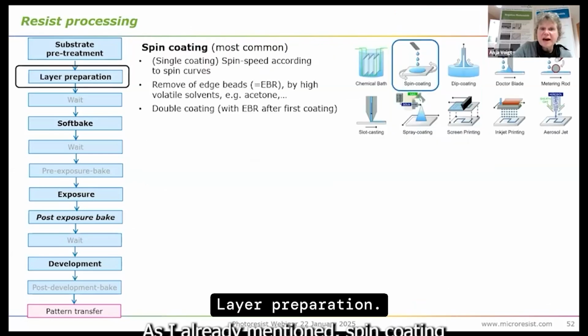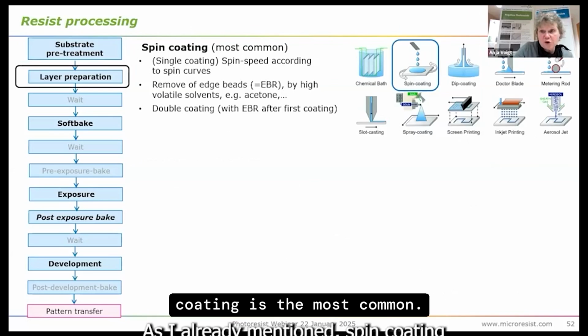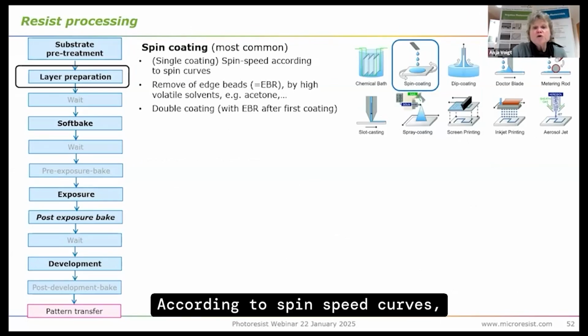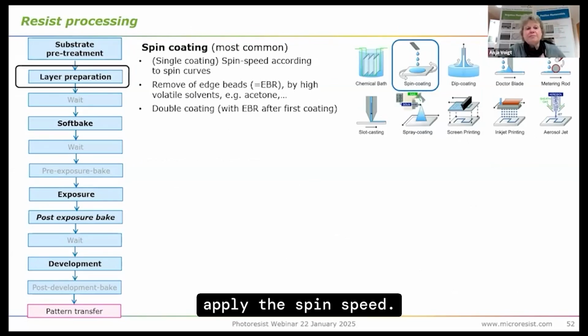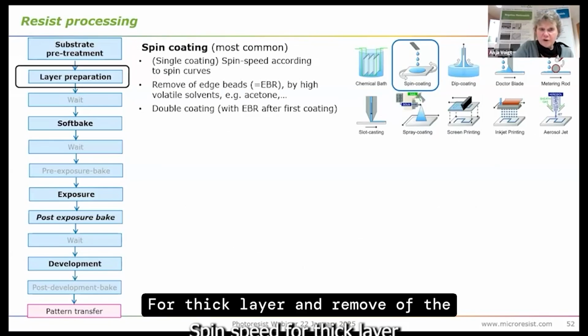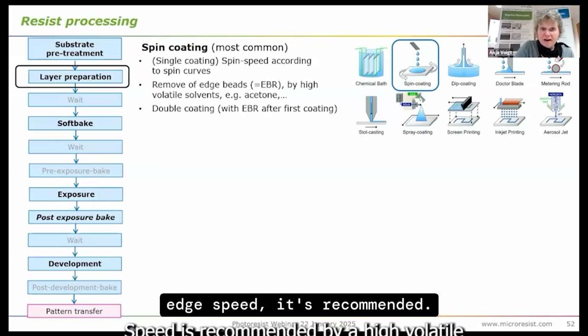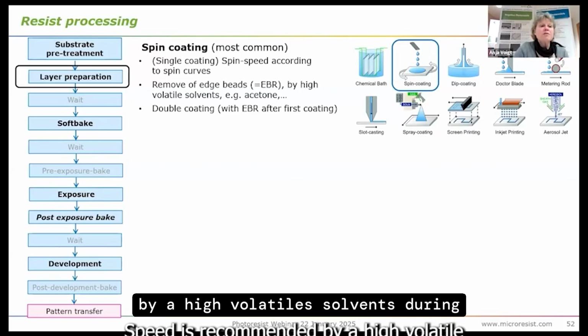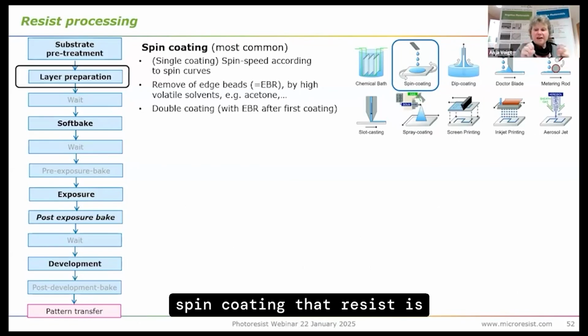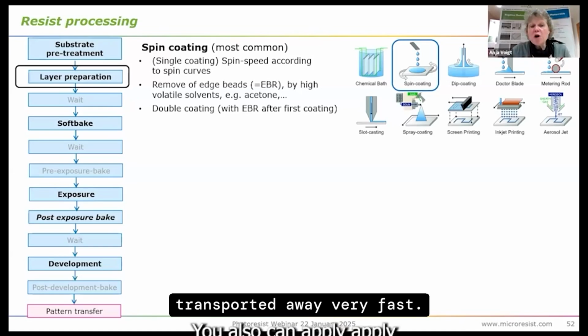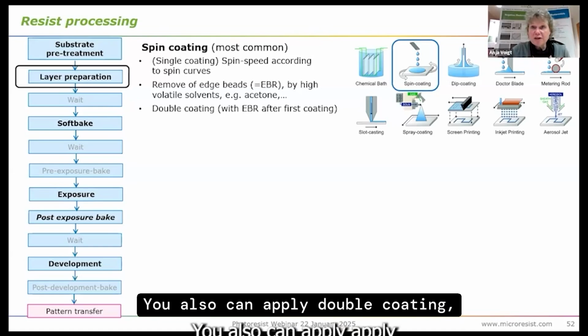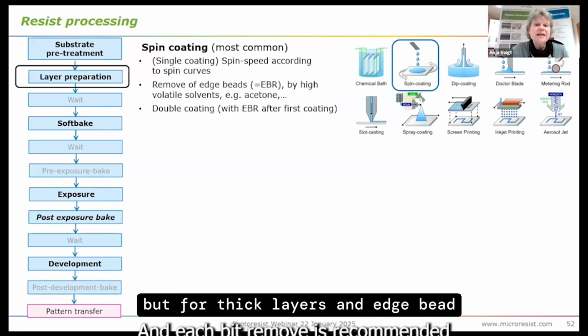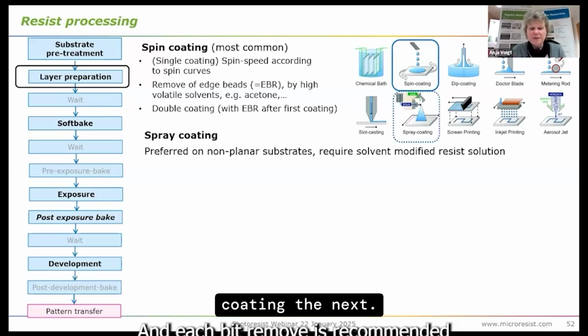Layer preparation, as I already mentioned, spin coating is the most common. According to spin speed curves, apply the spin speed. For thick layers, removal of the edge bead is recommended by highly volatile solvents during spin coating so that the resist is transported away very fast. You can also apply double coating, but for thick layers, edge bead removal is recommended before coating the next.